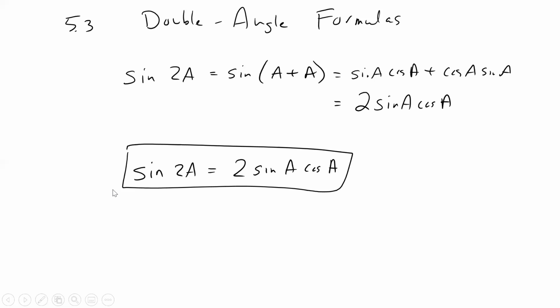And then I guess we should do cosine. Let's see what happens with cosine. Still the same process, right? Cosine of A plus A now, because there's 2 A's in there.